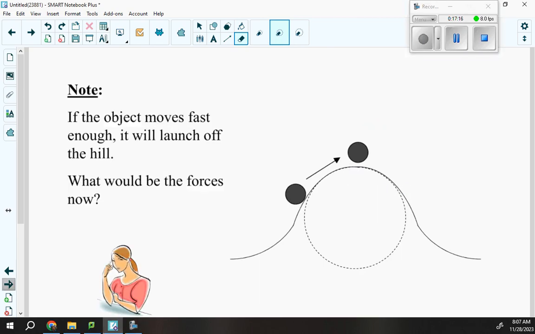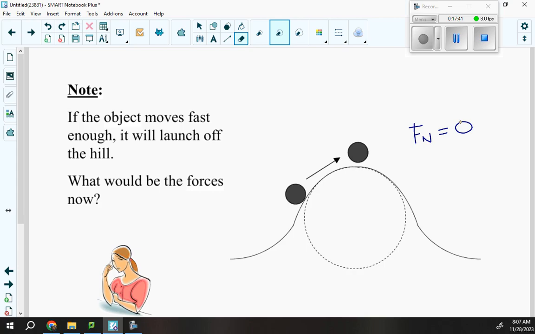Okay, so one thing with this is, well, what if things are going really fast off the top of the hill? Well, they jump. And what would the normal force be if they're in the air? Remember, you're in free fall, so the only force acting on this is the force of gravity, which means Fn is equal to 0. So your apparent weight is 0 if you are flying through the air.